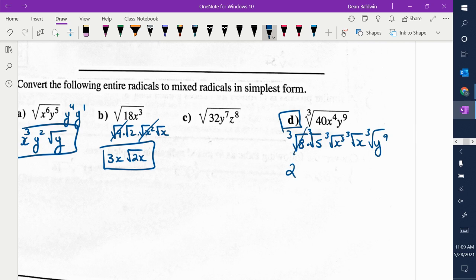No, but 2 times 2 is 4, 4 times 2 is 8. 2 to the power of 3 is 8. x cubed cube rooted, what does that become? x, not just 1, say x to the 1 or something. y to the 9 cube rooted? That's right. y cubed. What's left? 5 and an x.